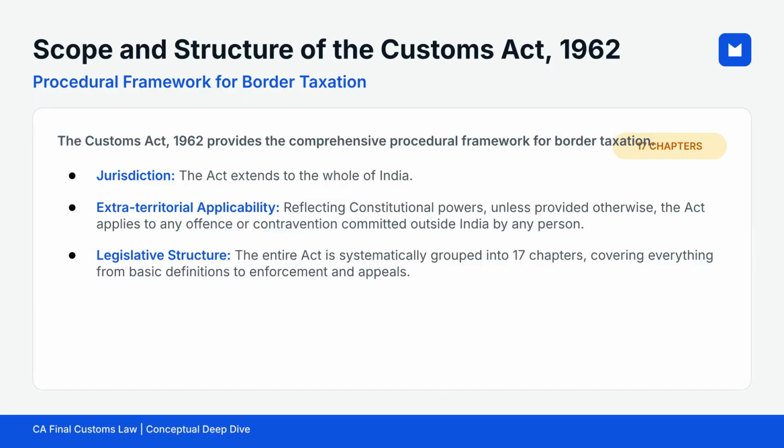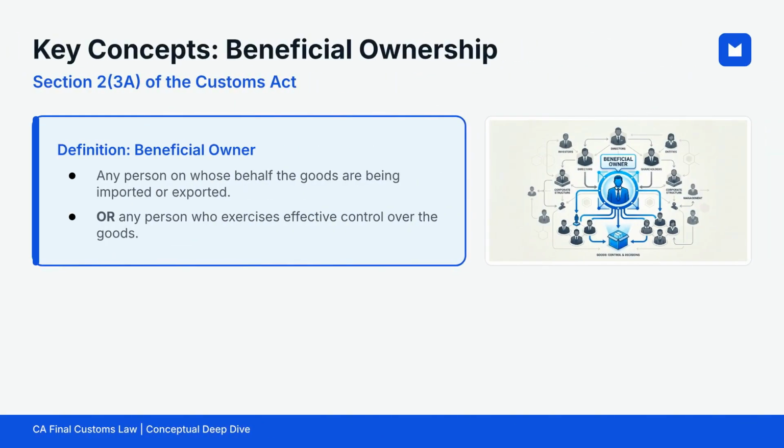This broad jurisdiction helps authorities tackle smuggling and customs violations involving international transactions. Structurally, the Act is divided into 17 chapters, each dealing with a different aspect of customs administration, creating a comprehensive framework for regulating international trade. One of the most important definitions under Section 2(3)(a) is that of a beneficial owner.